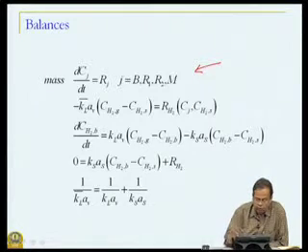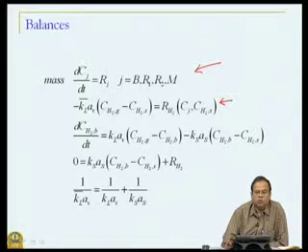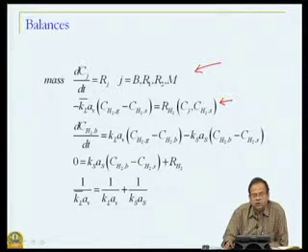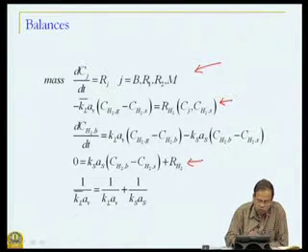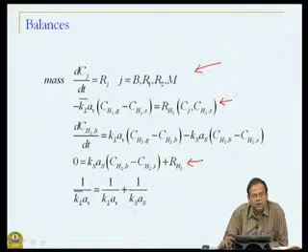Then we have this, which we just now saw, as a result of assuming steady states for hydrogen concentration in the liquid as well as hydrogen concentration on the surface of the catalyst pellet, and thereby combining these two, we have the final form of this with the overall coefficient defined in this manner.